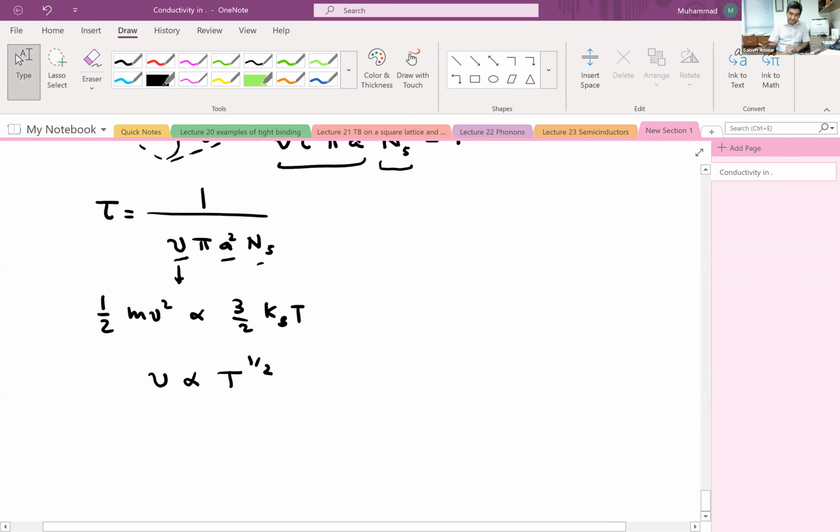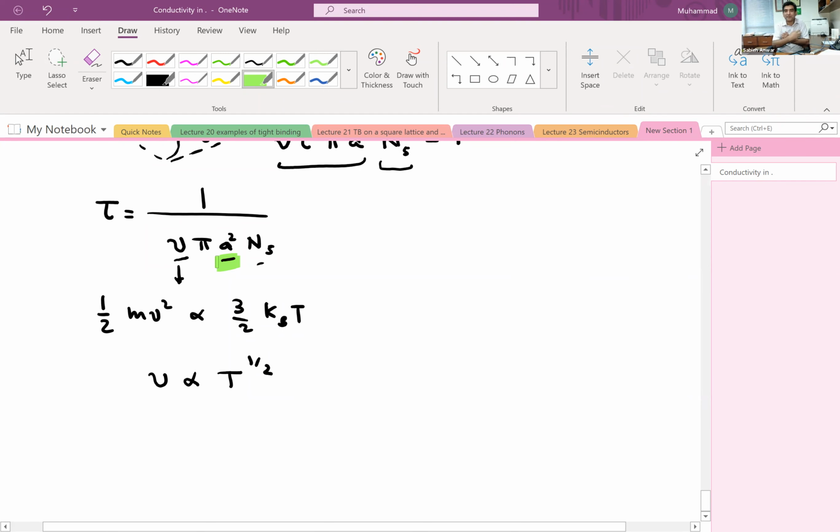Is there any other factor in the denominator here that depends upon temperature? What about this a square? Does this depend upon the temperature? a is the average amplitude of oscillation of the scatterer, the ion.